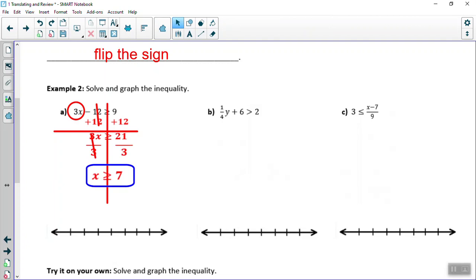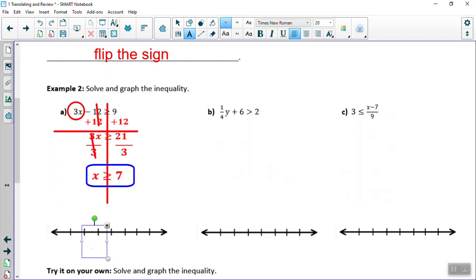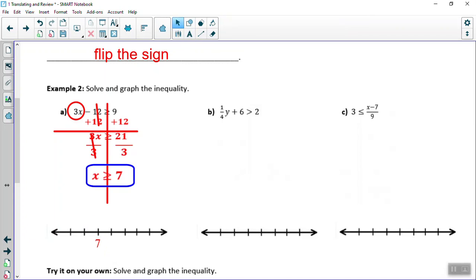All right, so I believe that your number lines are already created for you. So when we go to graph these, I believe your 7 is right about here. So this says that all my x values have to be greater than or equal to 7.